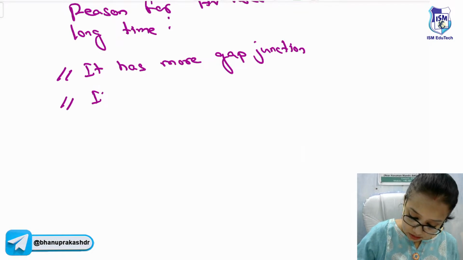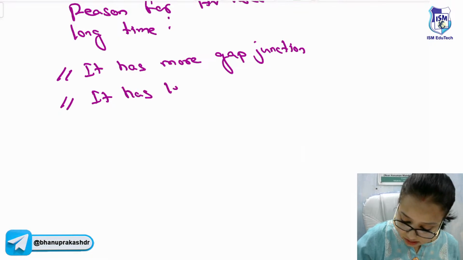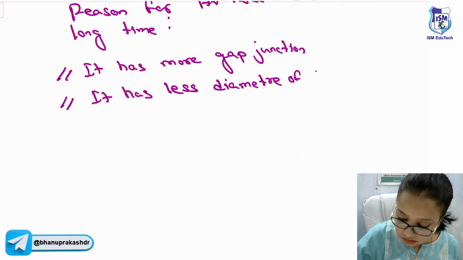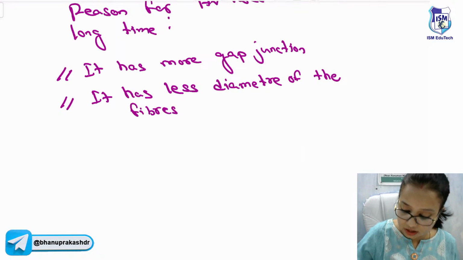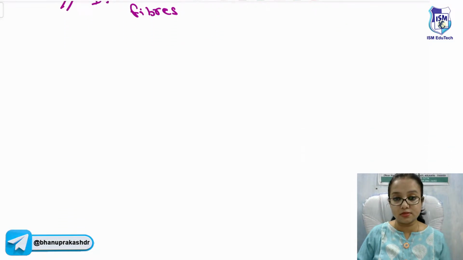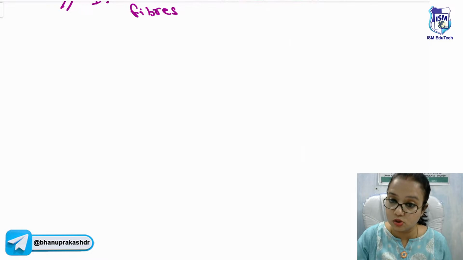Okay, it has less diameter of the fibers. The cardiomyocytes, the muscle fiber, it has got smaller diameter. These are the main two reasons why the conductivity is slow at the AV node.